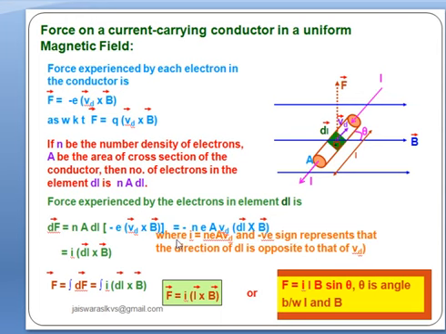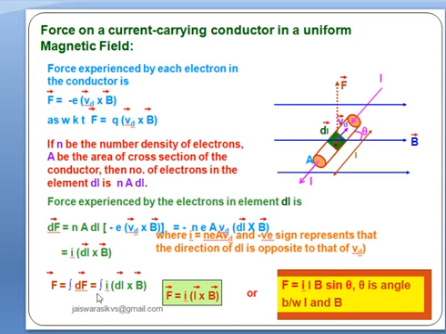And again we know that neAv_d is equal to I, the current flowing through the conductor, and here the negative sign represents that the direction of small length dl is opposite to the direction of drift velocity. Clear? Okay, now this whole -neAv_d can be replaced by I, so dF = I (dl × B).